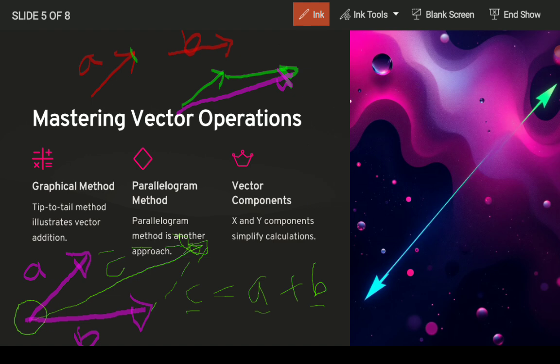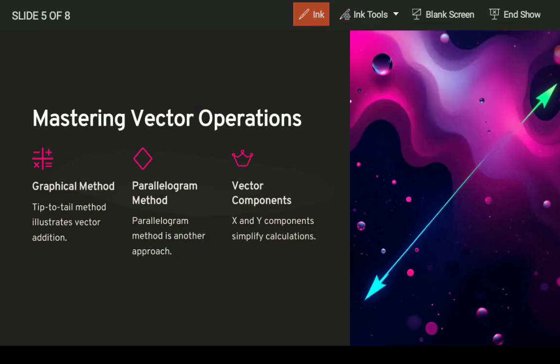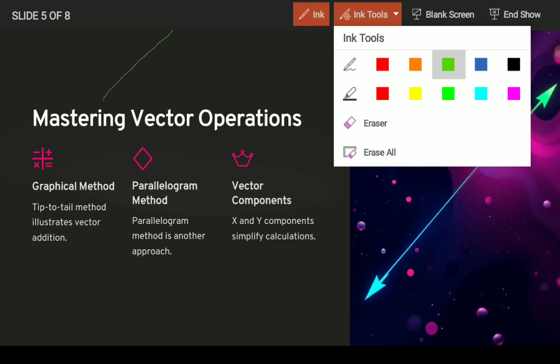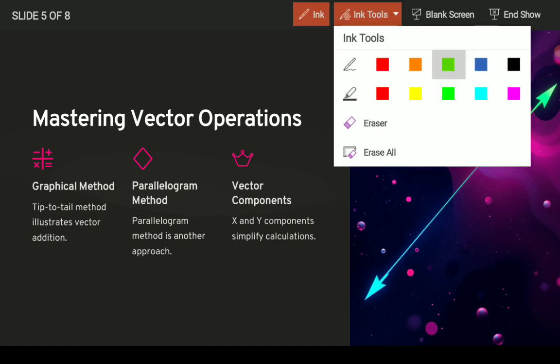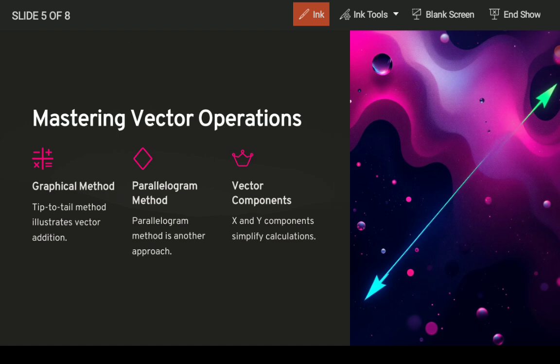Another operation is finding vector components, x and y components, to simplify calculations. Let's suppose that we have a vector represented by this line here, like this, and we want to resolve it into components.